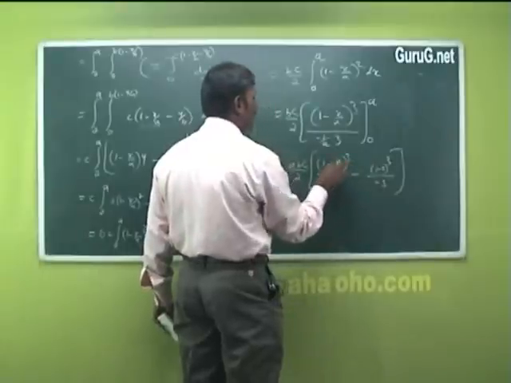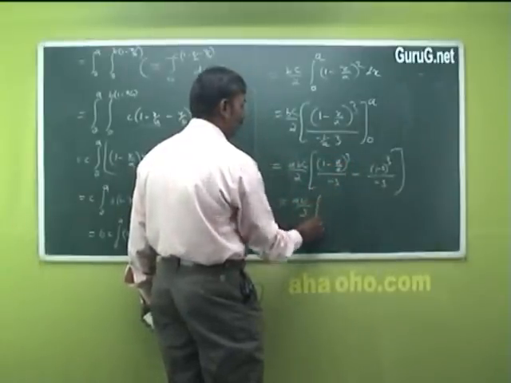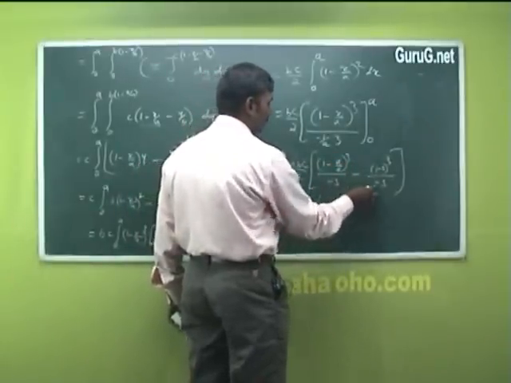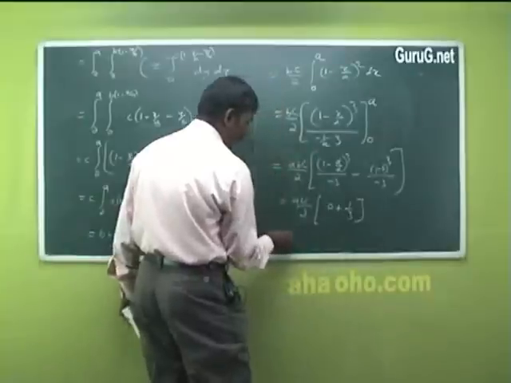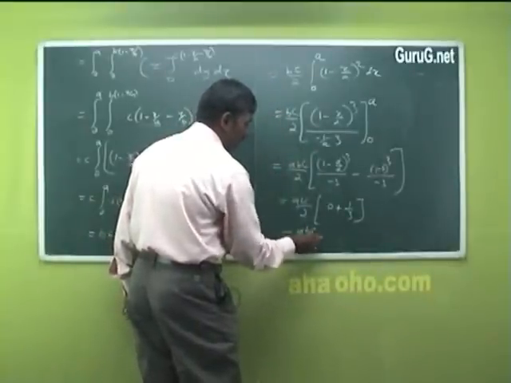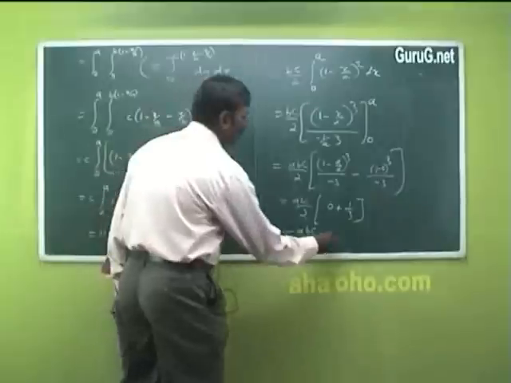So a by a, 1 minus 1 is 0, so abc by 2 into 0, minus minus plus, so 1 by 3. So abc by 6, right, cubic units.